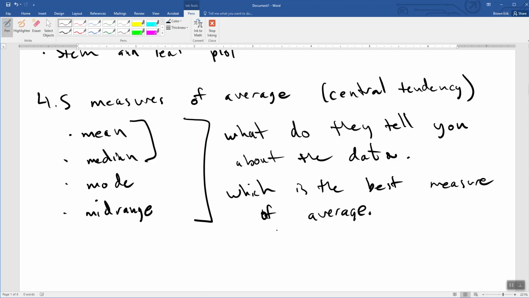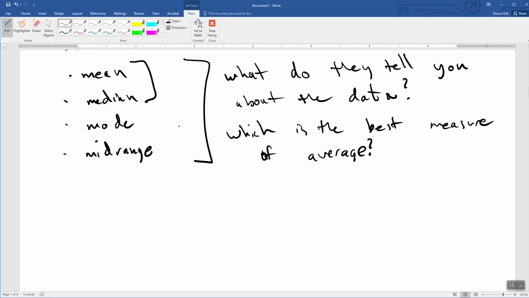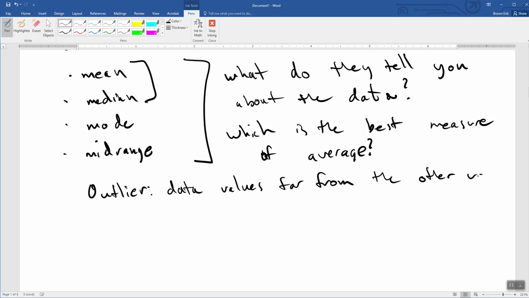To answer this question, you need to know what an outlier is. So these are data values far from the other data values. That's essentially the definition we've given you.